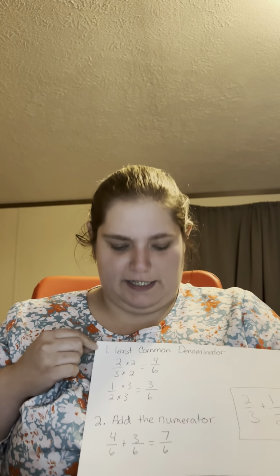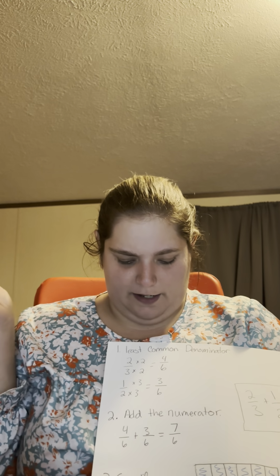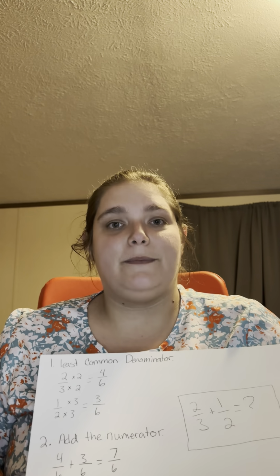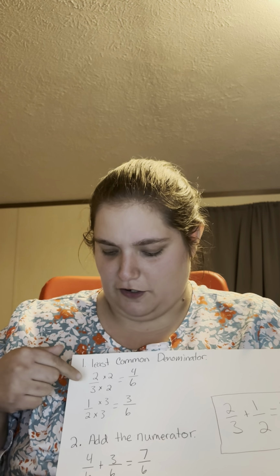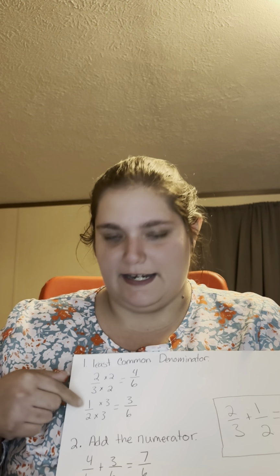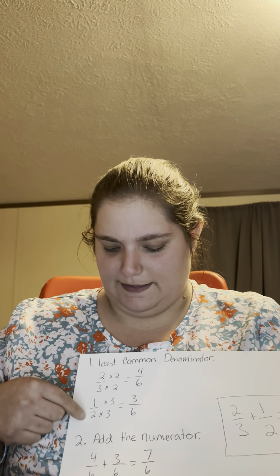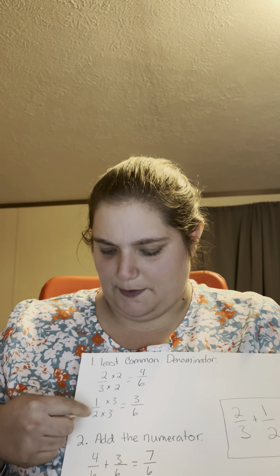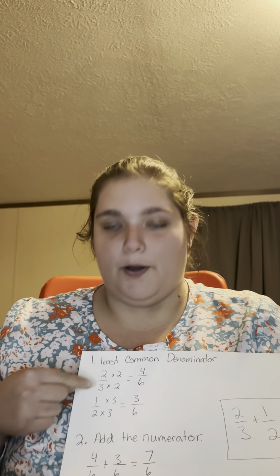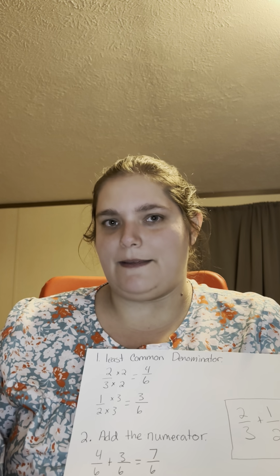Okay, so the first thing we need to do is find our least common denominator. Our least common denominator is a number that can be divided by both denominators. So how do we typically find that?